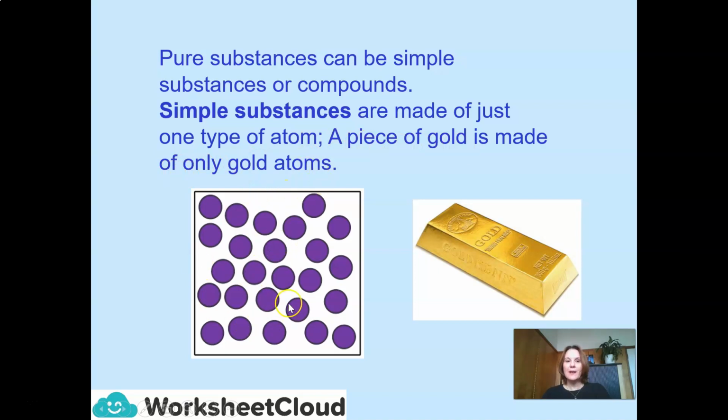So this would be a pure substance. This block of gold is 100% pure. Look at the chemical composition. It is pure, only one kind of atom. Let that sink in. Pure, one kind of atom.